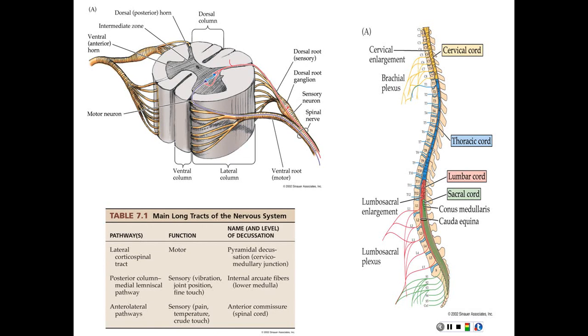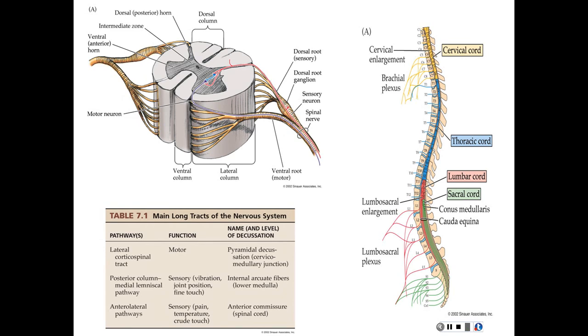Okay, so here they are. Here are our three pathways, beautifully put in this one little chart down here. Lateral corticospinal. The next one, which is a sensory pathway, is the posterior column medial lemniscus, and the other one is referred to as anterolateral. And look at the function of these things. It distills it down. Lateral corticospinal: voluntary motor to the important parts of your body, like your hand, your limbs.